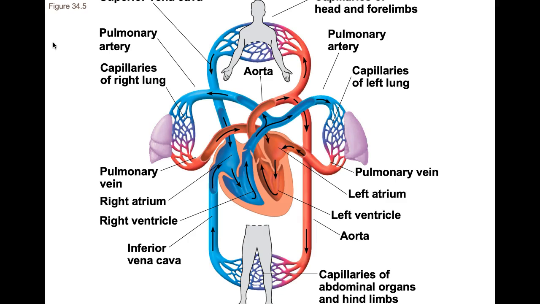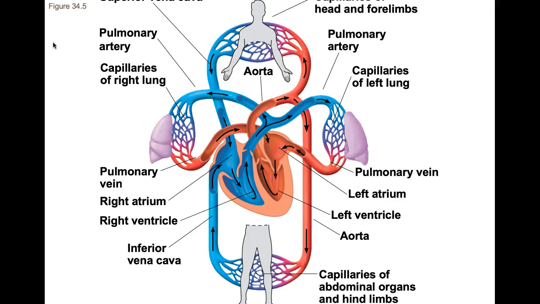So going to the arms and the head and our arms versus going to our abdomen and our legs. When it crosses through the parts of the body, now the blood is deoxygenated or oxygen poor, and it needs to return back to the heart via the vena cava, which is a large vein.